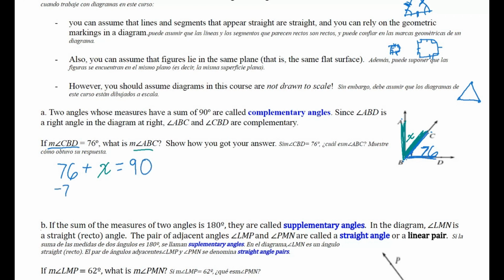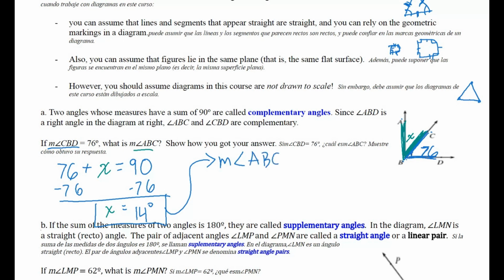Okay, subtract 76 from both sides of this equation. And you end up with the final answer, X equals 14. Therefore, the measure of angle ABC is equal to 14 degrees.